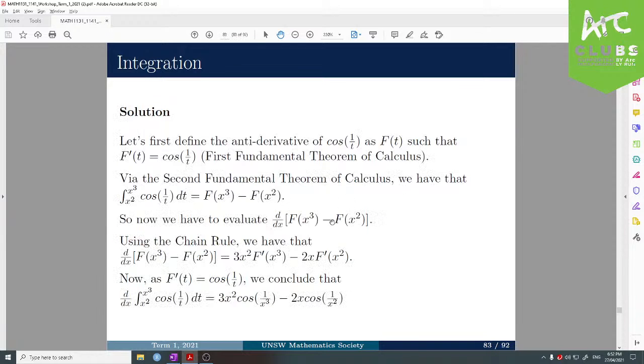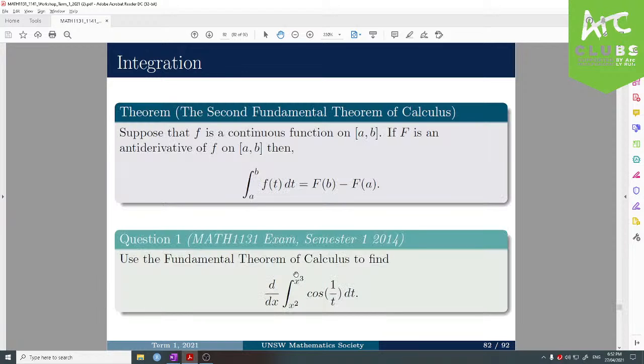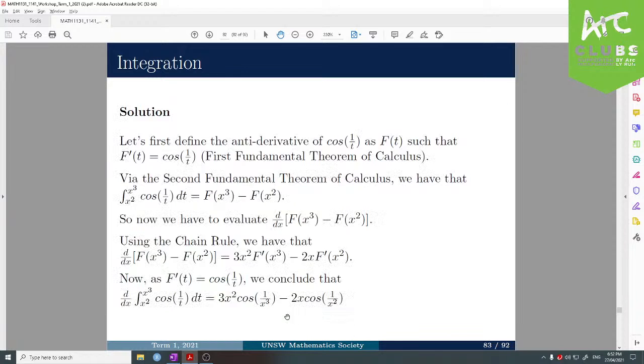Now that we have simplified this integral, we simply have to take the derivative of this thing. This is where you have to be careful and use the chain rule. When you're differentiating each of these terms, you have to notice that the input is x cubed and x squared respectively, which means when you differentiate in terms of x, you also have to differentiate the inner function, x cubed, and the inner function, x squared.